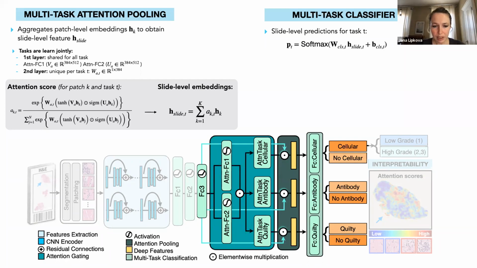Okay. Yes. Go ahead. Hi, Jana. So I guess from the equation for your attention score, for all patches within a single slide, you're getting a probability distribution. So what if for a single whole slide image, you don't expect there to be any positive region?